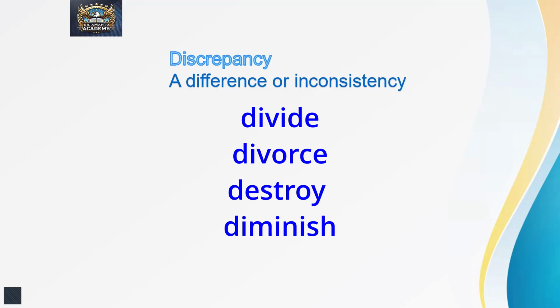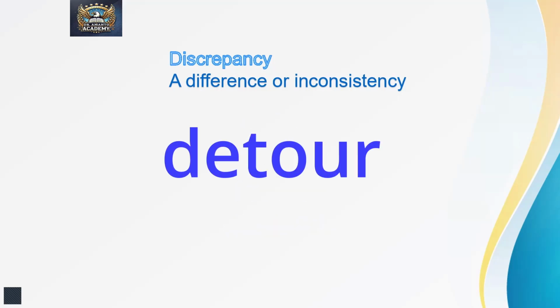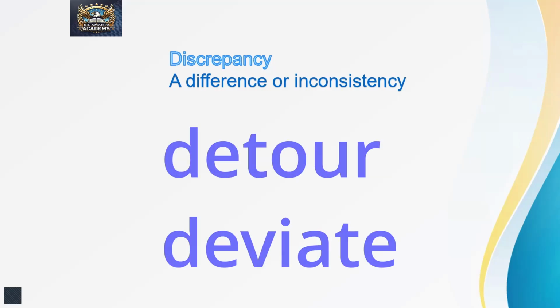Or when it is divide, it means separated into two parts. Divorce is also separation. Or something like becoming negative and reduction, like diminish, like detour. Detour is a road that leaves the main road and goes out.